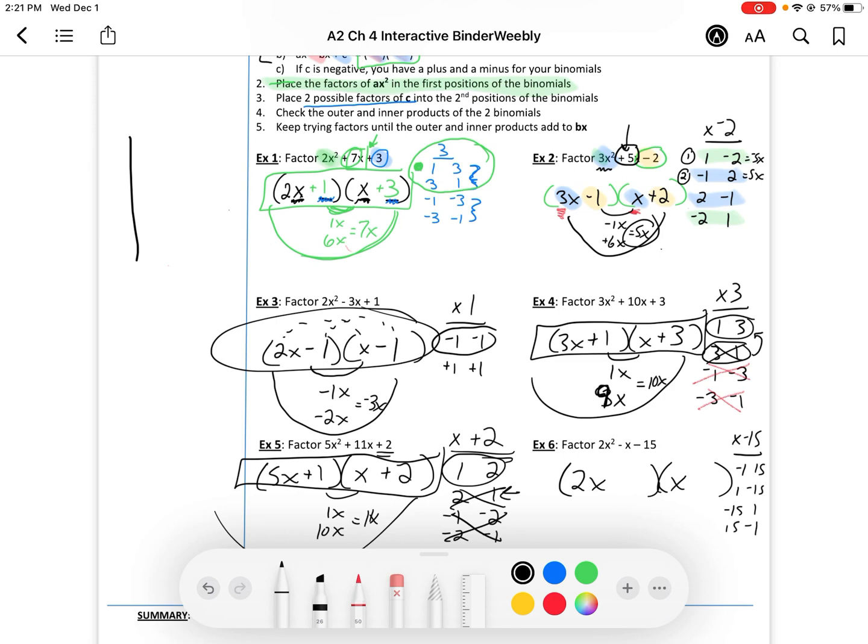Positive 15 and negative 1. And then 3 and negative 5. Negative 3 and positive 5. Negative 5, positive 3. Let's see here. So I got to keep the 5 there and then move the negative over there. That's good. Thinking about ways to do different combinations, folks.